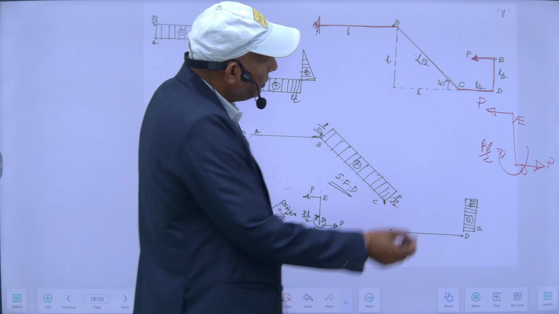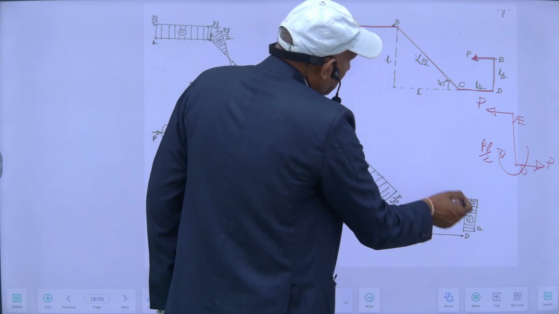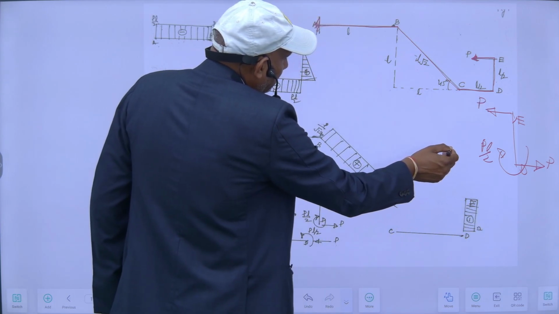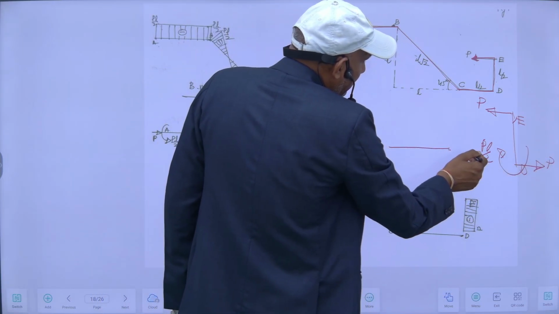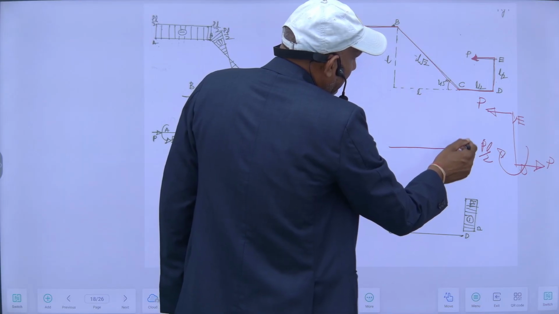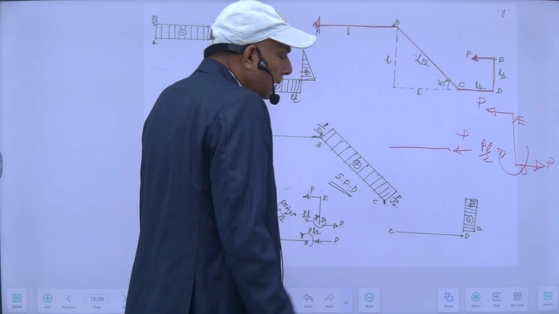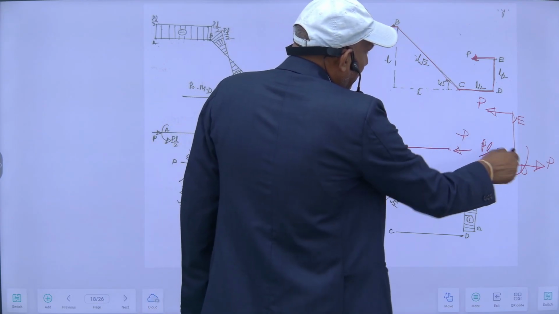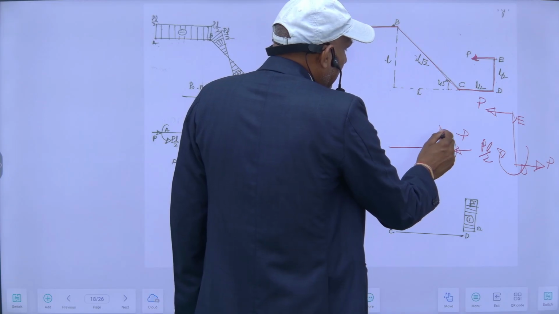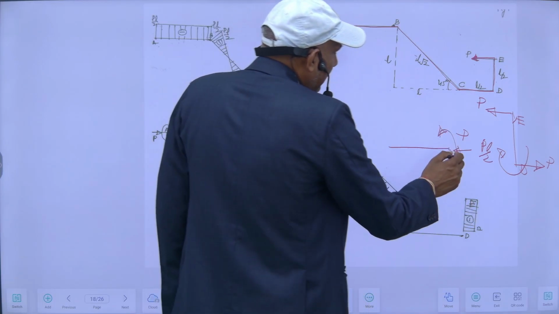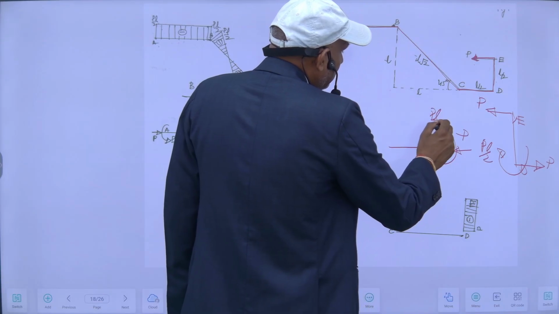And for the CD portion, since this is in this direction, this will act here. So this is P, and there is a moment which is opposite to its nature. So it will be in these directions, and again it will be equal to PL by 2.